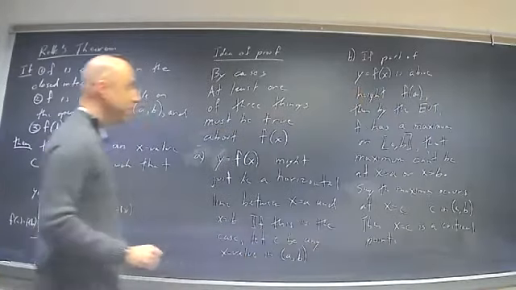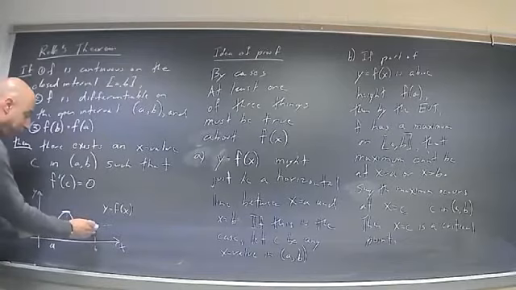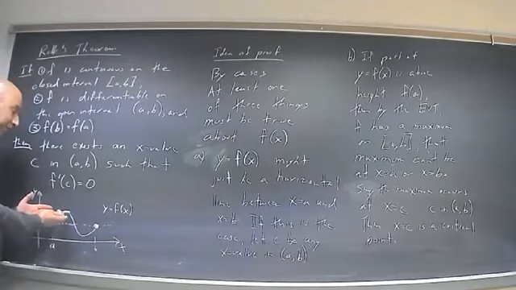We know that maxima and minima always occur at critical points. We talked about that theorem last time. It's a critical value. So it's somewhere in between here.